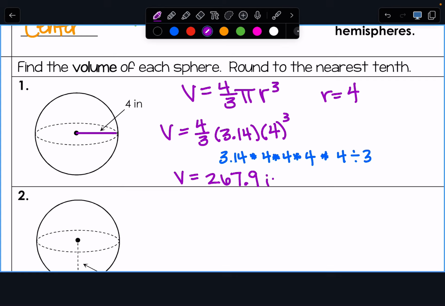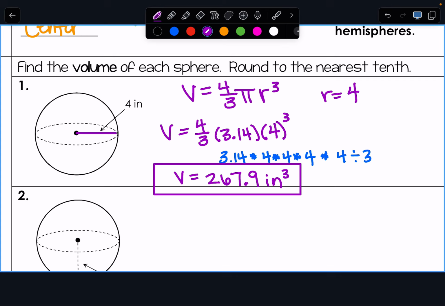Are you getting 267.9? Because if you're not, then I need to help you with your calculator. Or somebody else needs to help you with your calculator. Are you going to try it? Did you get it?